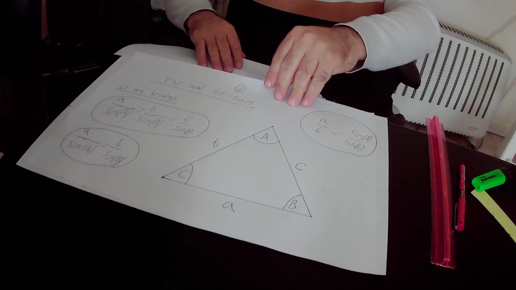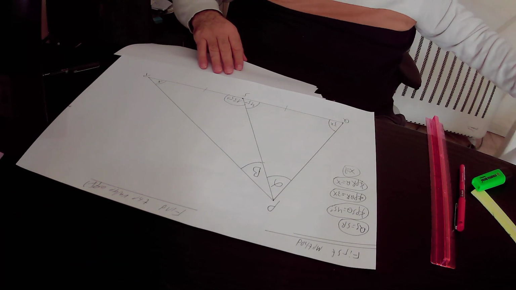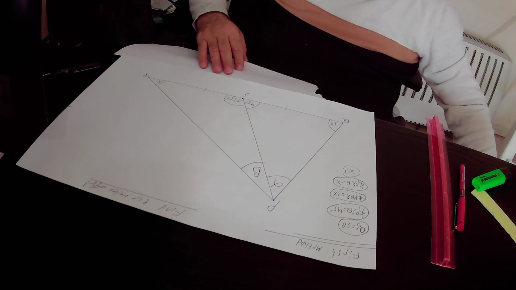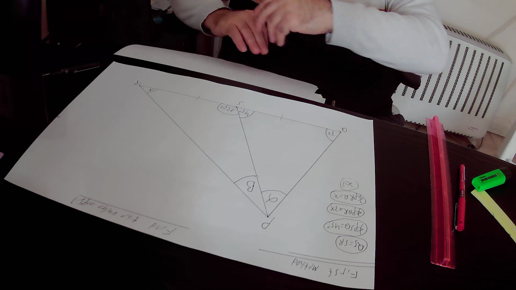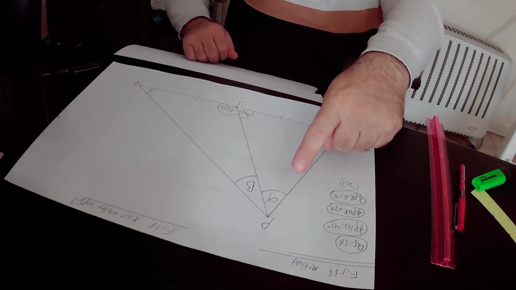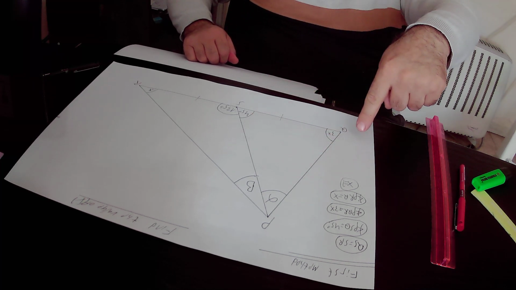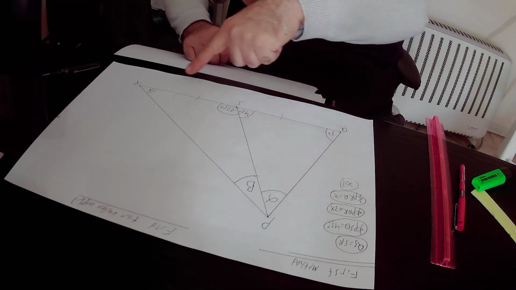And then we see in the drawing that here PS over SQ will be equal to PS over SR. Why?